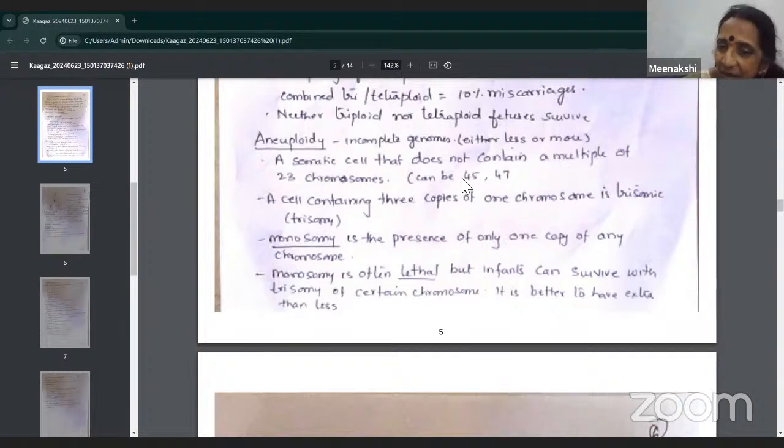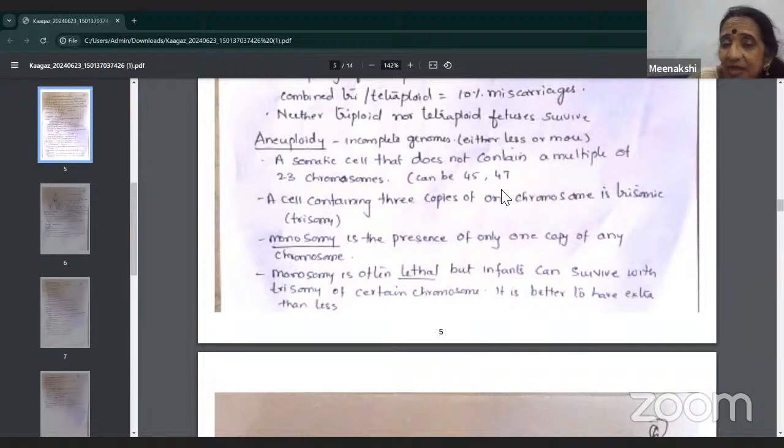For example, it can be 45 chromosomes or 47 chromosomes, that is 2n minus 1 or 2n plus 1. A cell containing 3 copies of one chromosome is called trisomy. Three copies is trisomy.